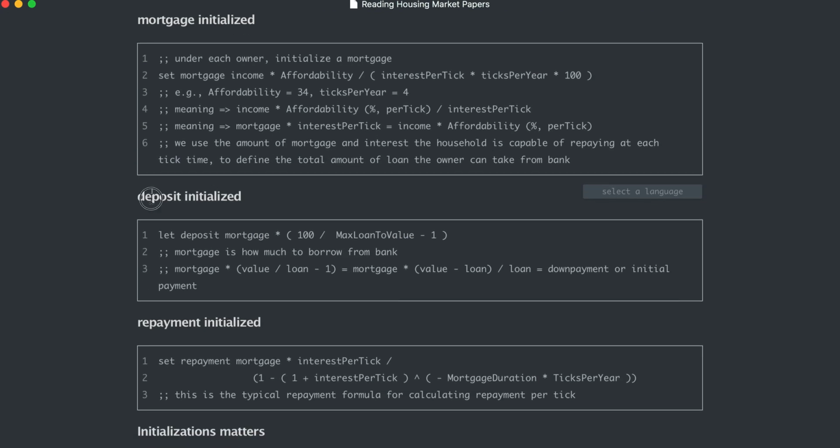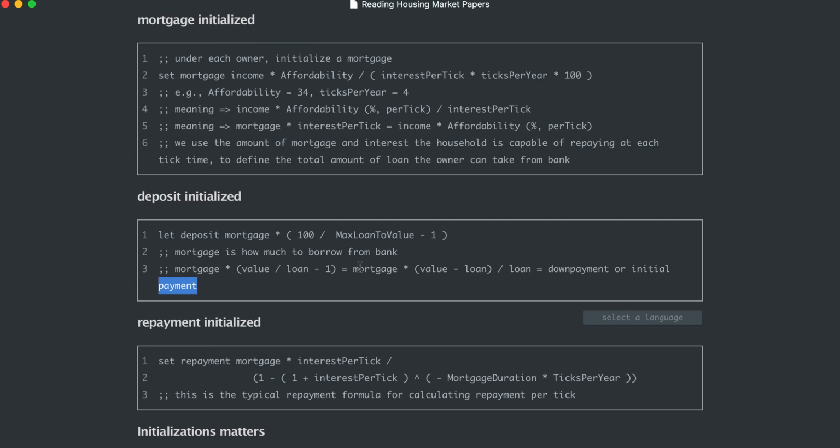How about deposits? Deposit is the down payment, the initial payment to the bank, which has to come from the owner himself, the buyer himself. First of all, the money has to come from the buyer himself, of course, but how much do we need to pay to the bank?